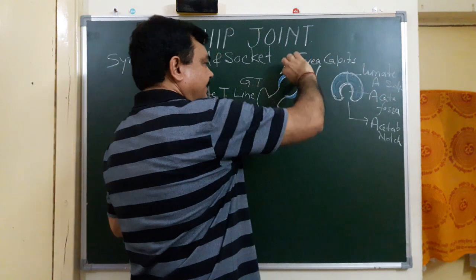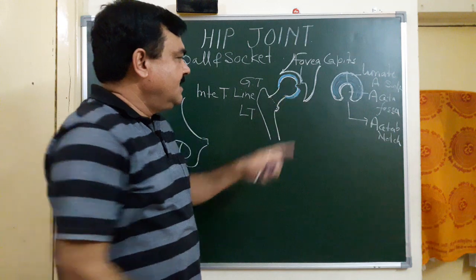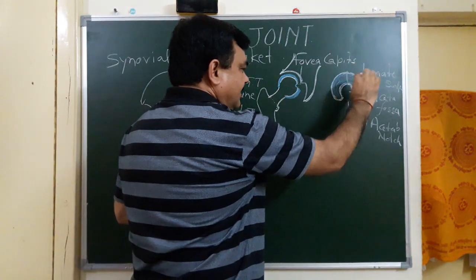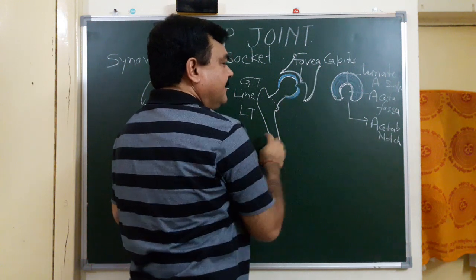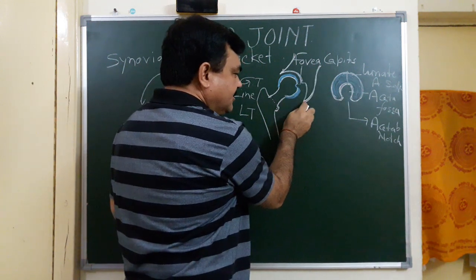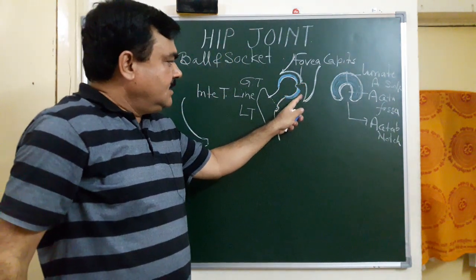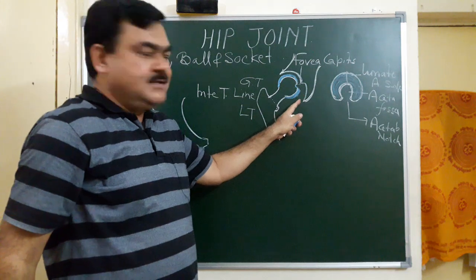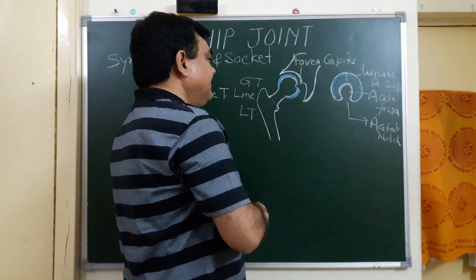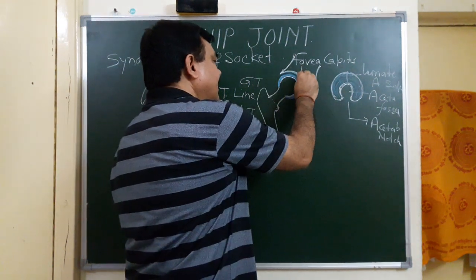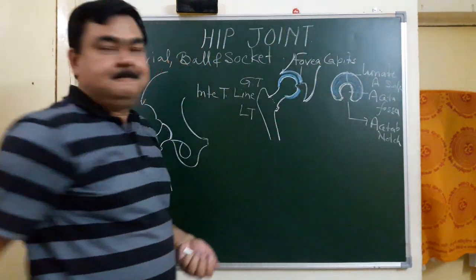This is the lunate articular surface, and this depression is the acetabular fossa. Here a notch is present, and this is a gap. Again, this articular surface is covered by hyaline cartilage.